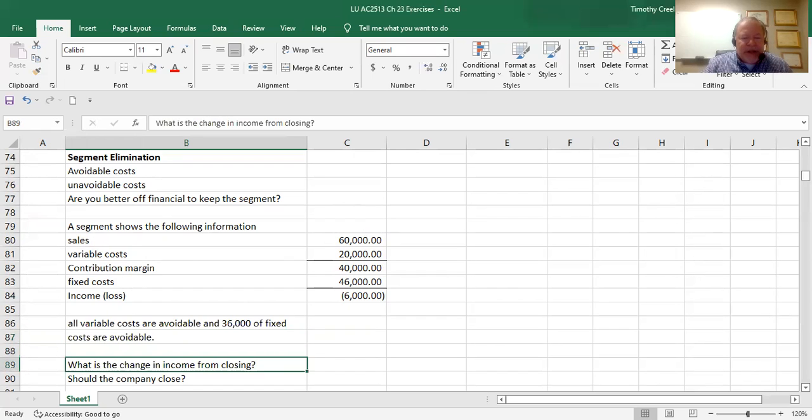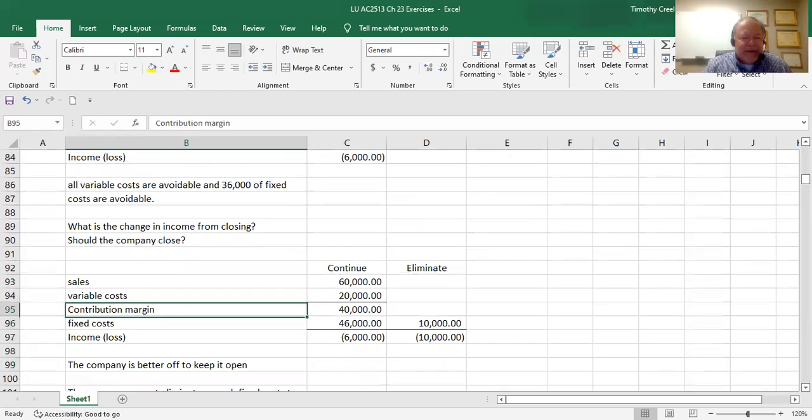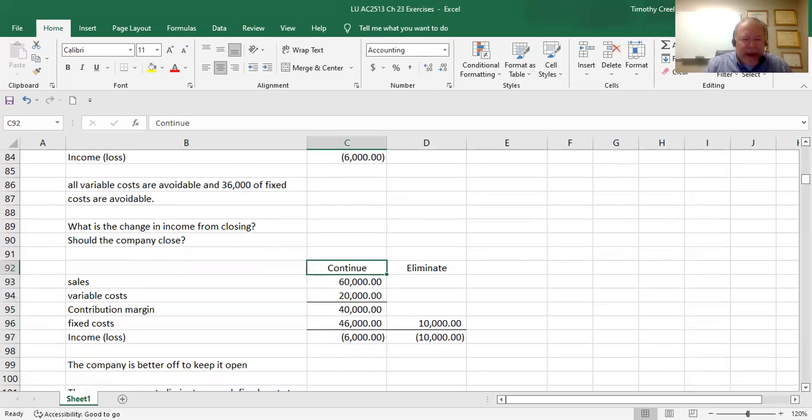So what is the change in income from closing, and should the company close this segment? We would do a financial analysis: what's going to be the effect on the company's overall financial status if they continue? It's the same numbers as we looked at before, basically a loss of 6,000.